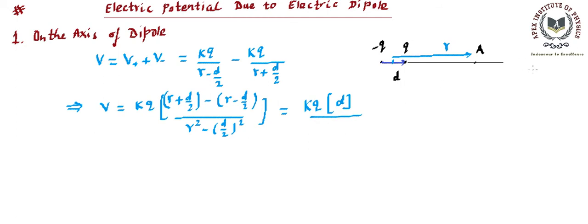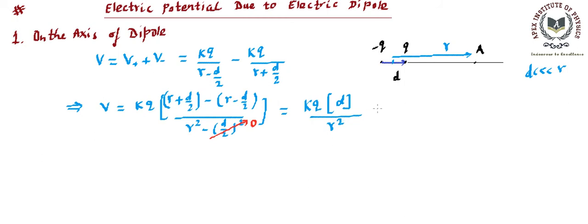Here R is a larger number and D is very small compared to R, so we can ignore this part of the expression. The D by 2 whole square can be neglected, approximately assumed to be 0 in comparison with R square. So this leads simply to R square in the denominator.